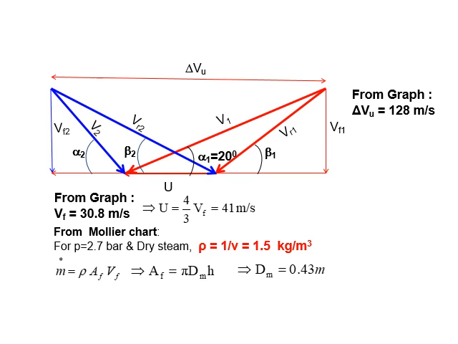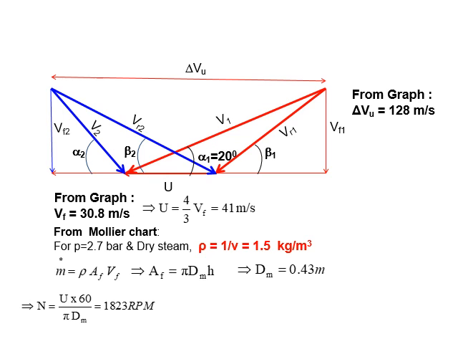Because the mass flow rate, the density and the velocity of flow are known, and in the area formula pi is constant and h is known, the diameter is the only unknown parameter. Using that relation, we find the diameter, that is 0.43 meter.